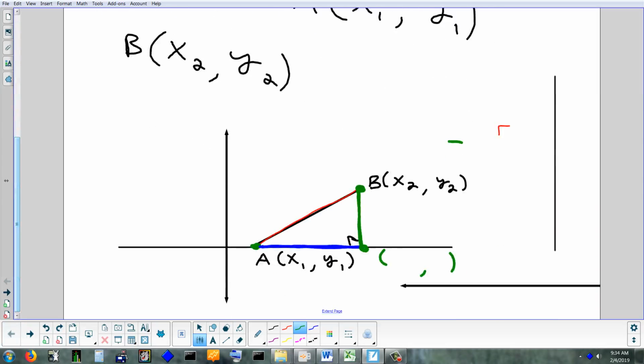Anyone have a guess how we would label this coordinate in green in the lower right? Yep, Ellen? x2. I agree, it's x2 because it lines up with the point that's right above it. So point B is exactly the same distance over as this one, so x2. And then y1 because this point and this point are at the same height. So just grab the height from the first one, y1. Okay, so now we've labeled it.